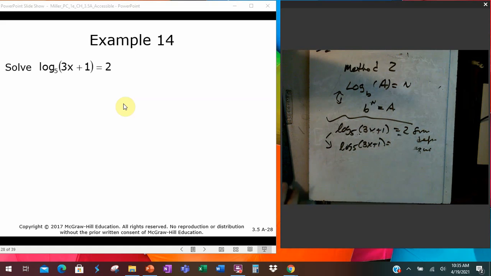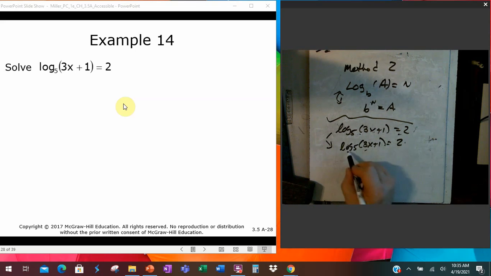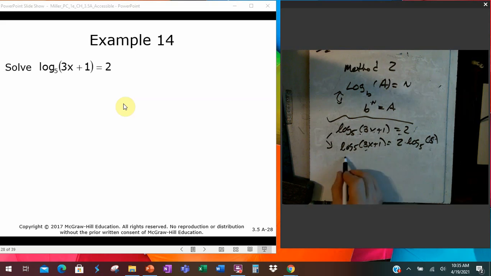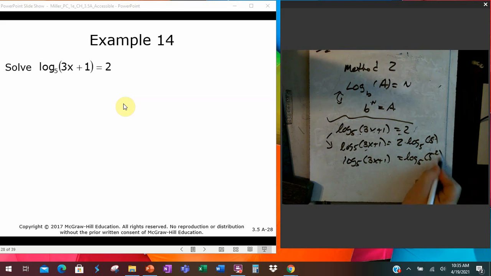The 2, I can get a log on this side by multiplying. If I do log 5 of 5, this is just multiplying this side by 1, right? And then we go backwards, and then we're back to method 1, okay?